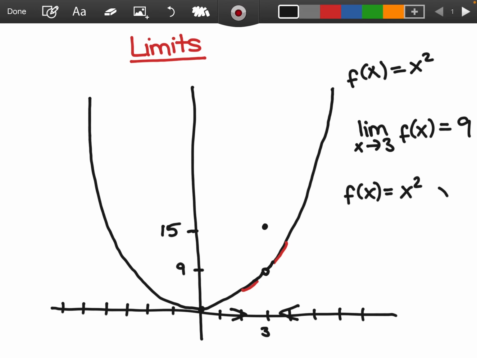So now my new f of x is going to be x squared when x doesn't equal 3, and 15 when x equals 3. This is my new function that I'm going to take.